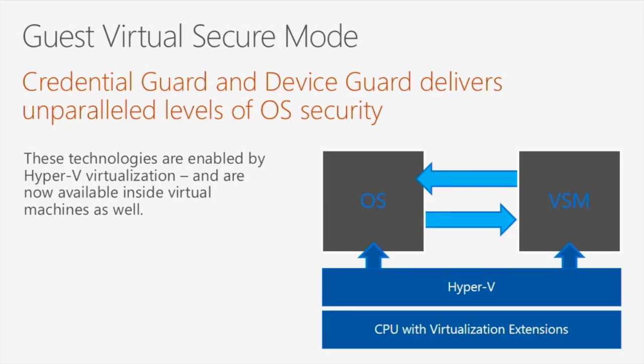So that's where we have this solution, the key storage drive for Generation 1 virtual machines. It allows you to use BitLocker in a Generation 1 virtual machine, but it doesn't provide the full shielded virtual machine story.